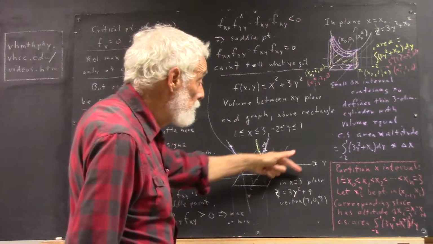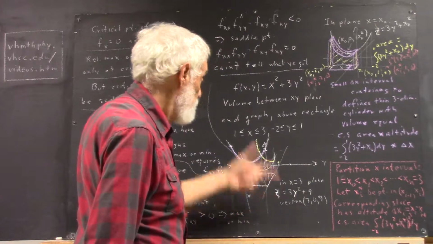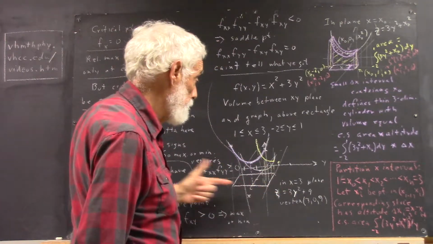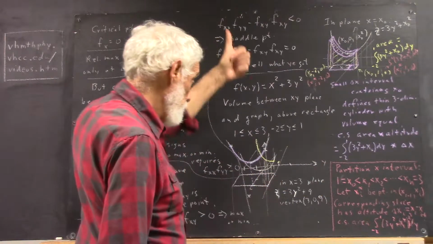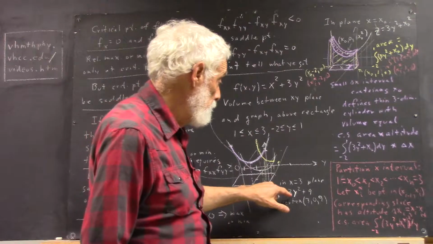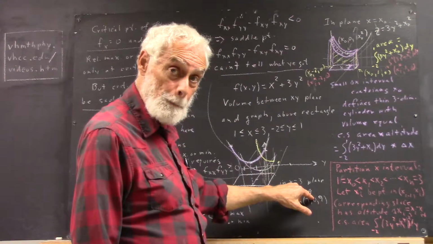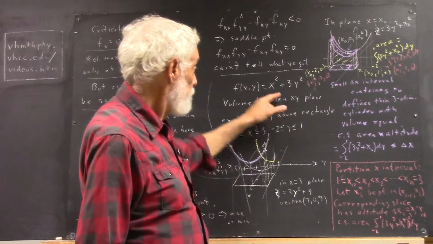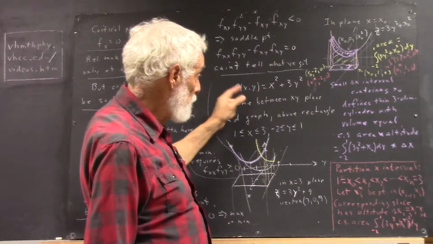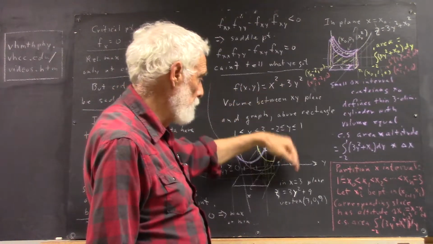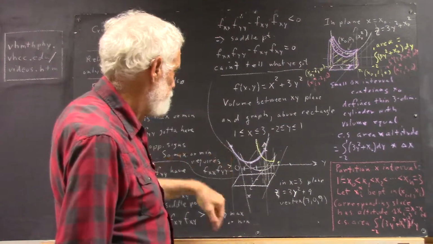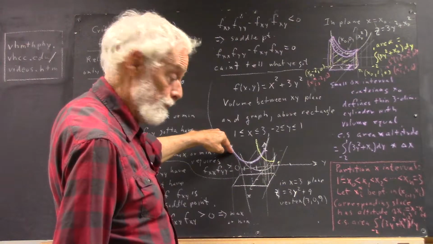So in the x equals 3 plane, our function z versus y, because x is being held constant, y changes, and z can change as we go up to the graph. We have z equals 3y squared plus 9 if x equals 3, because of course x squared is 9. If z equals f of x,y, then z is 9 plus 3y squared. Okay? And that's what I've drawn here.